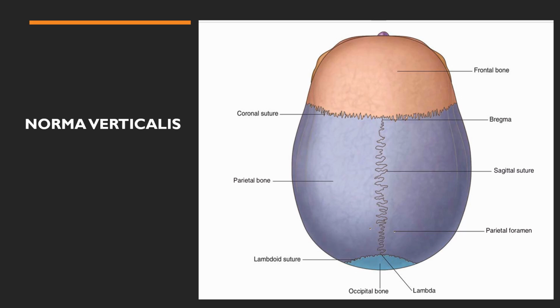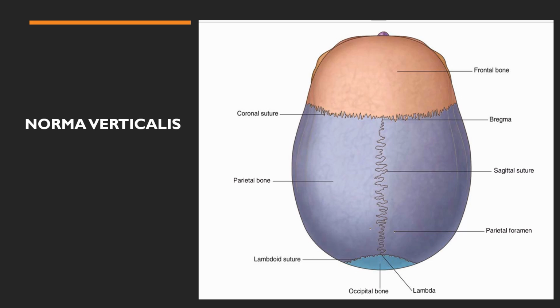Together these bones form the cranial vault, which is important for encasing and protecting the brain. The superior aspect of the skull is dominated by the two parietal bones on the sides and the frontal bone in the front.